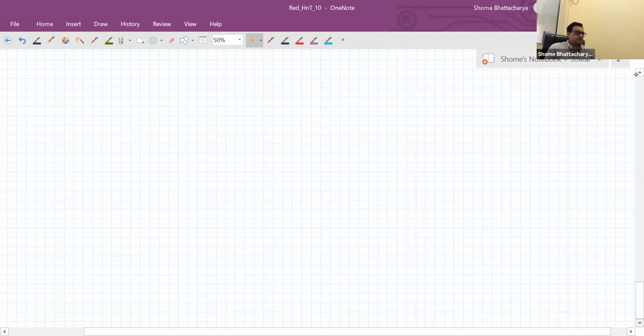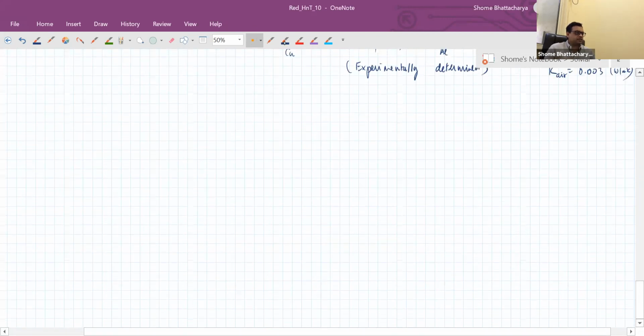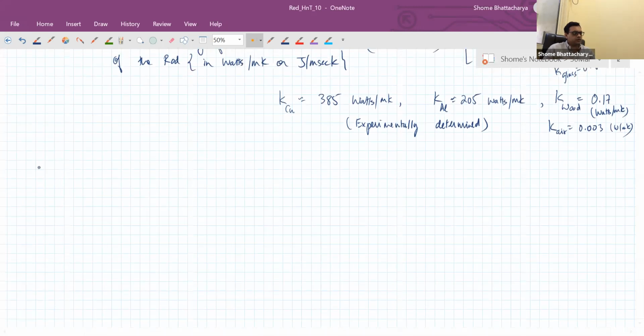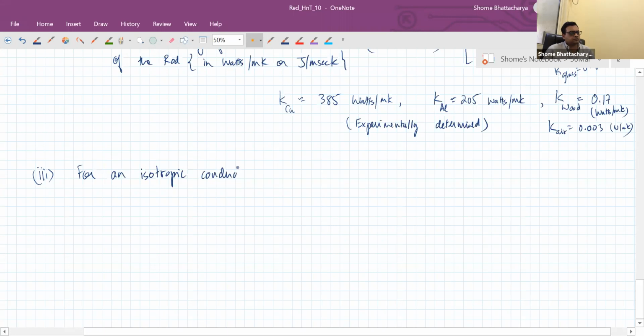Now the final aspect about steady state, which is also very important. So for an isotropic conductor in steady state, the temperature gradient is uniform.